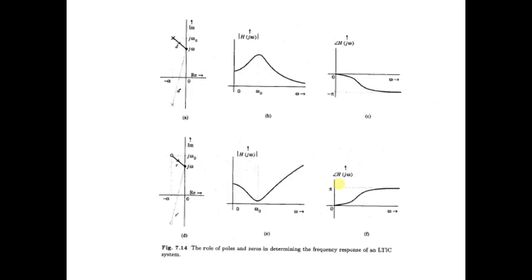Now let us take a single pole example. You have to remember that when we put any pole or a zero somewhere, there would be a conjugate pole or zero. So for every pole or zero that has been placed within the S plane, there would be a conjugate pole or zero.